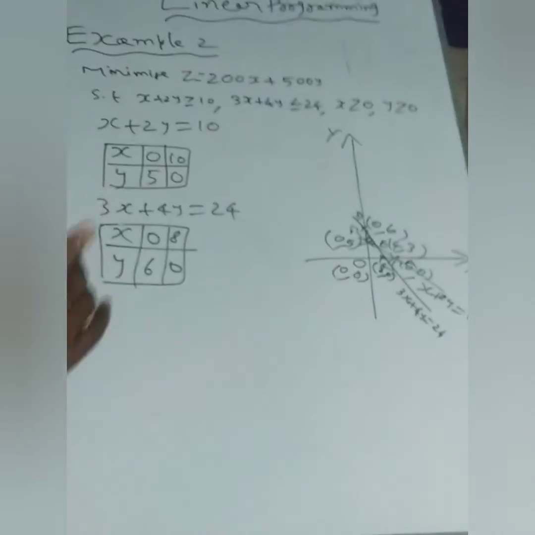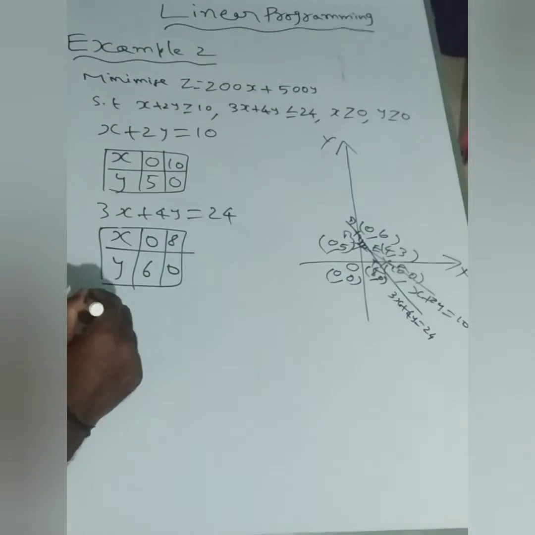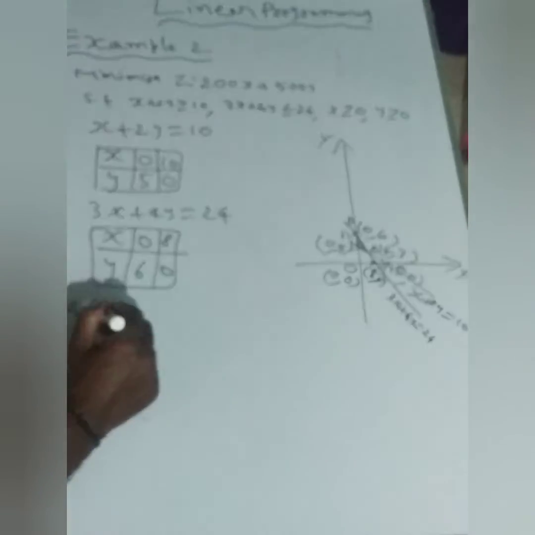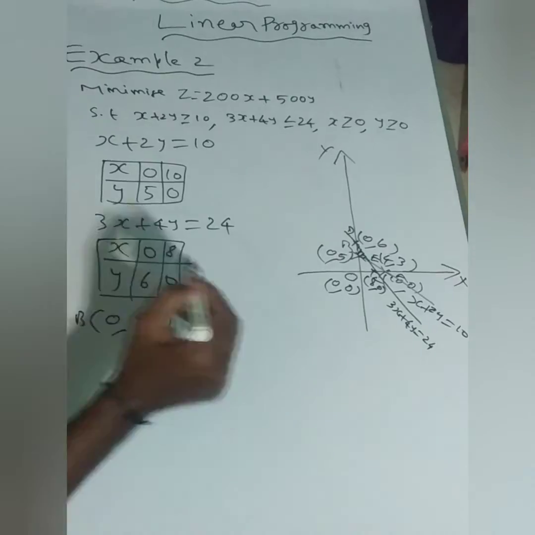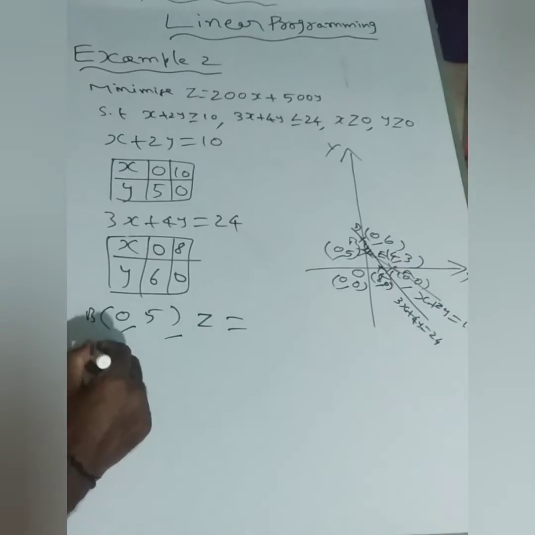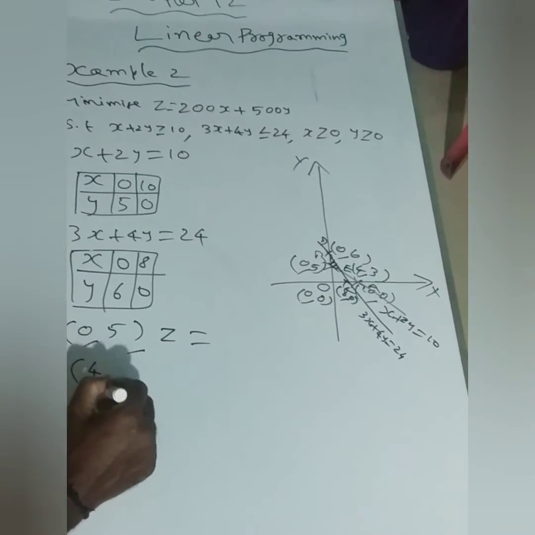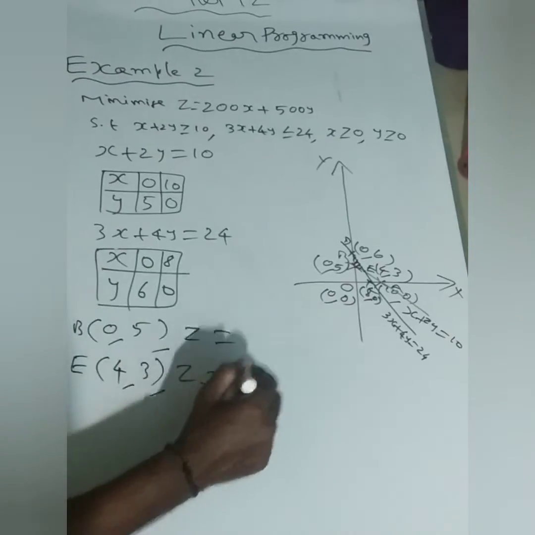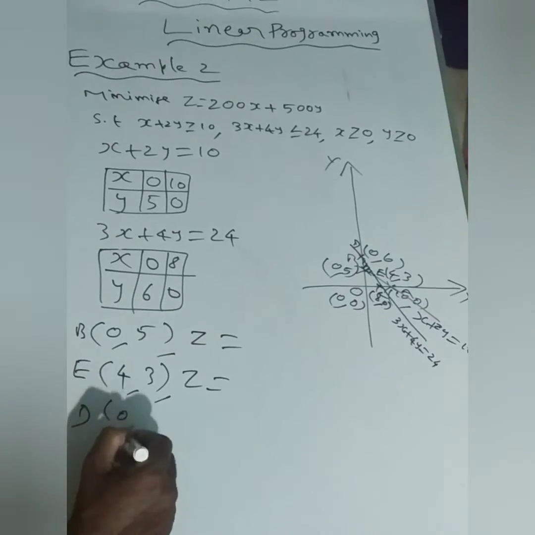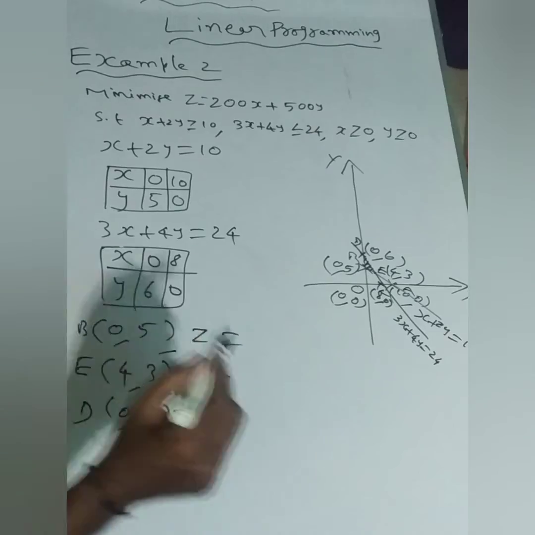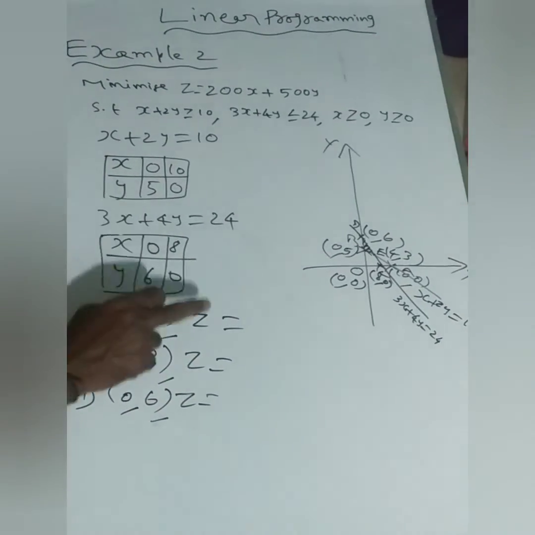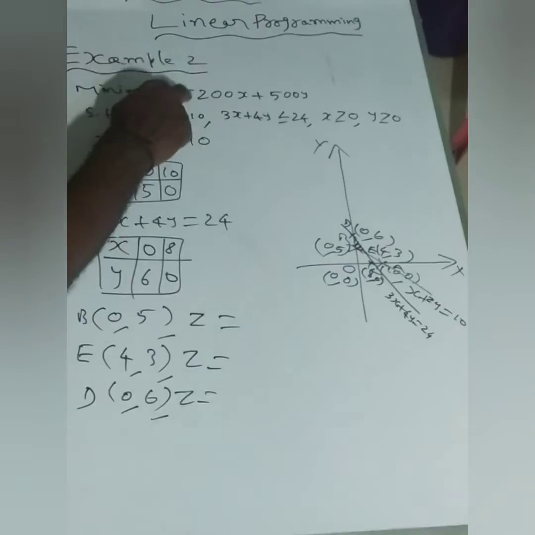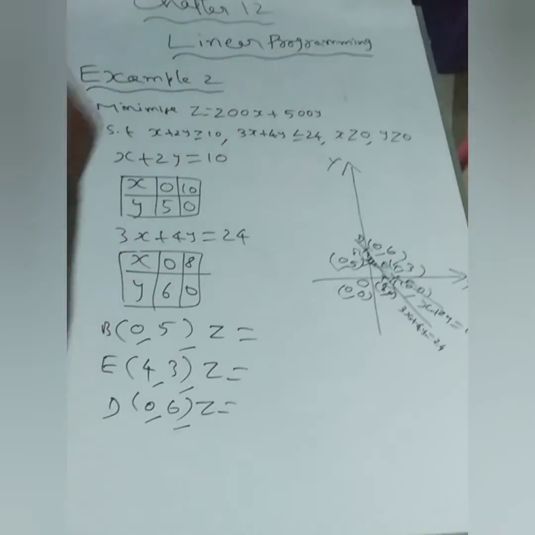Now mark the corner points. We have got the corner points as B, 0 comma 5, Z equal to, let us find this, and then E, 4 comma 3, Z is equal to, and then D, 0 comma 6. You see, I have put Z here. What is Z? Z is nothing but the objective function.